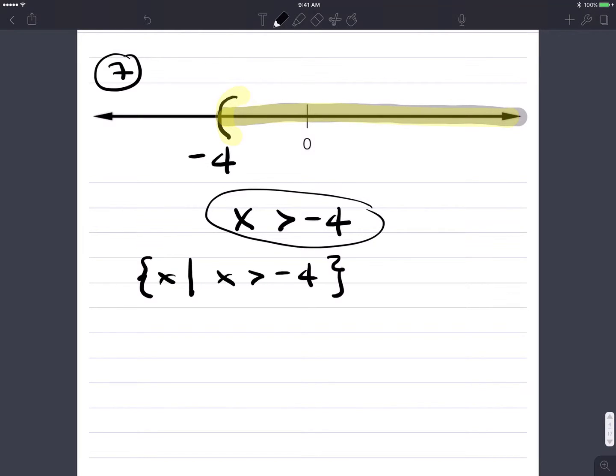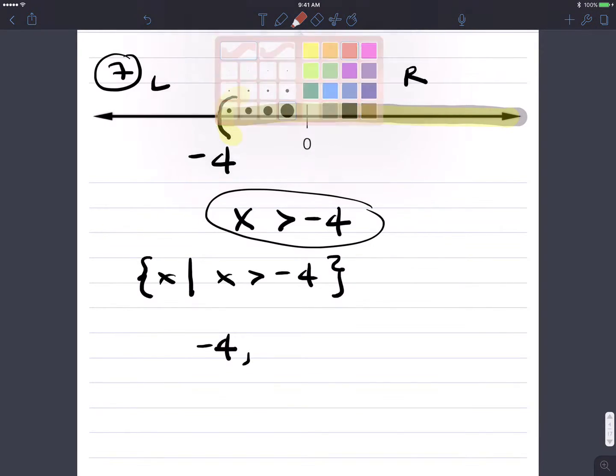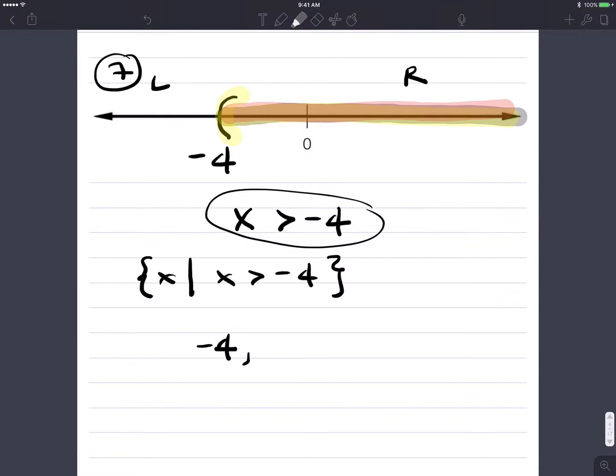Interval notation is going to also describe what is being shaded. For interval notation, we're going to start this process by describing things left to right. That is, consider looking at this picture from left to right. What is shaded starts at -4 in some sense and continues all the way to the right of -4, that continues all the way to infinity.